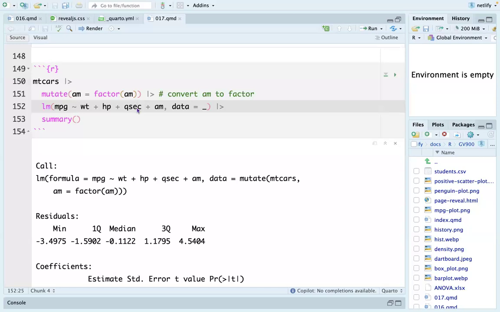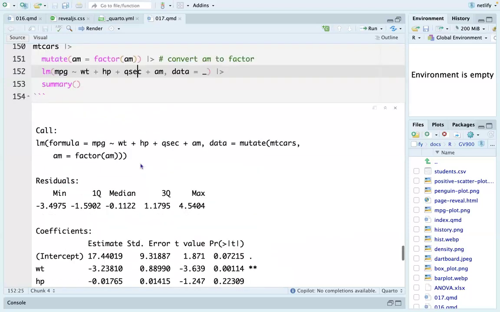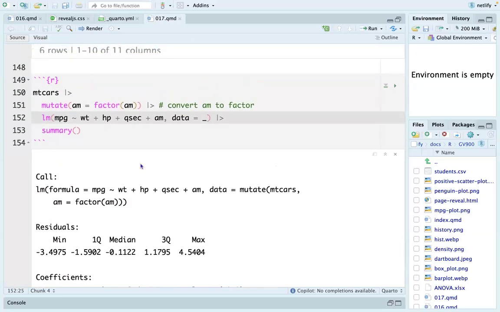That's not doing research. That's just trying by luck. We will not recommend that. So we have to use our theory to establish a model with strong academic and theory support.